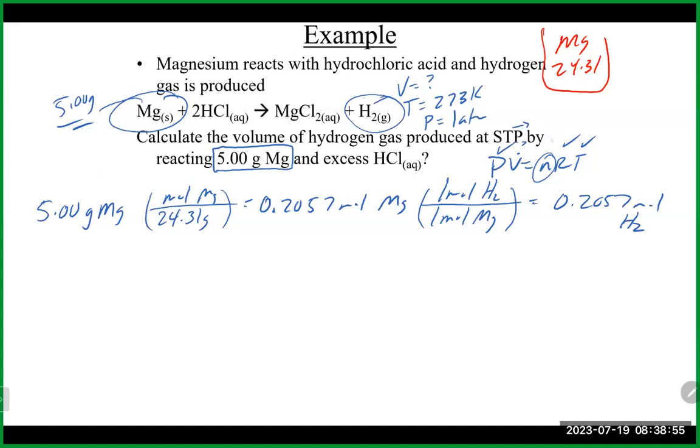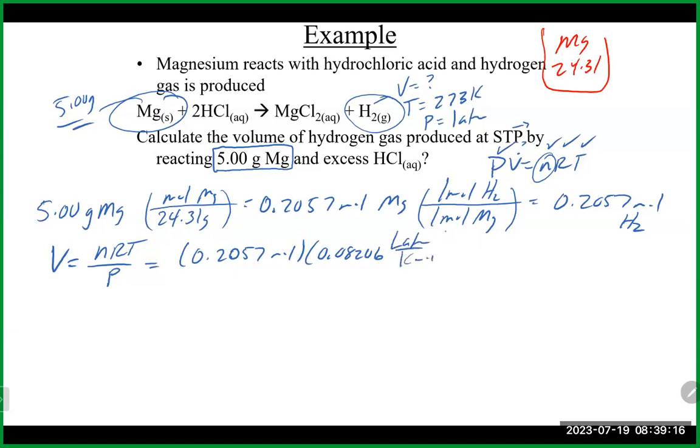At this point, we now have the missing piece that we need for our ideal gas law. Again, solving for volume, which would be nRT over P. Our moles of 0.2057, our R 0.08206, and our temperature of 273, and our pressure here of 1 atmosphere.